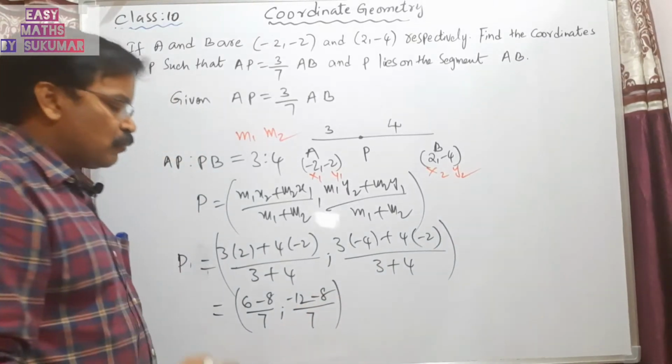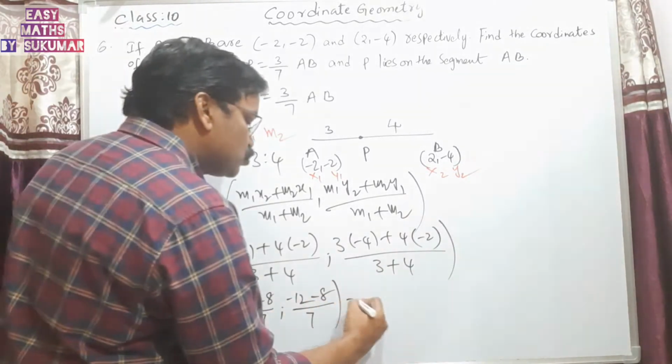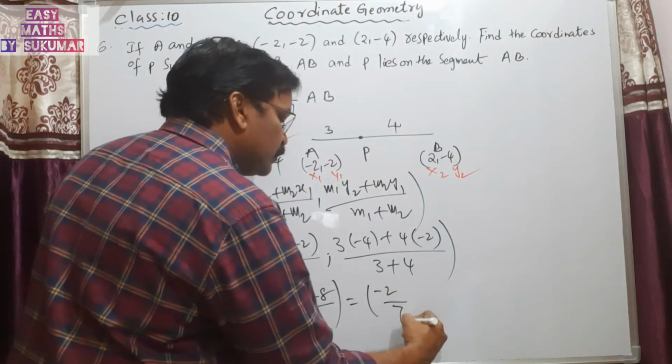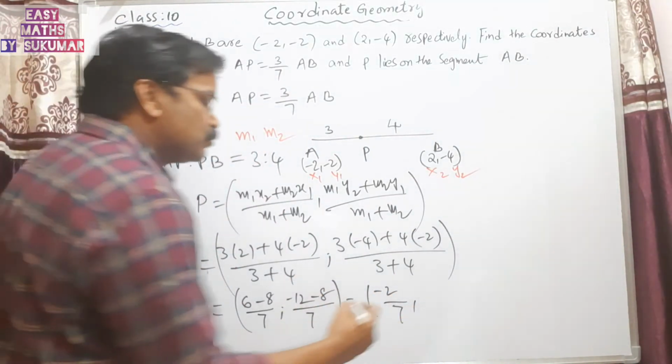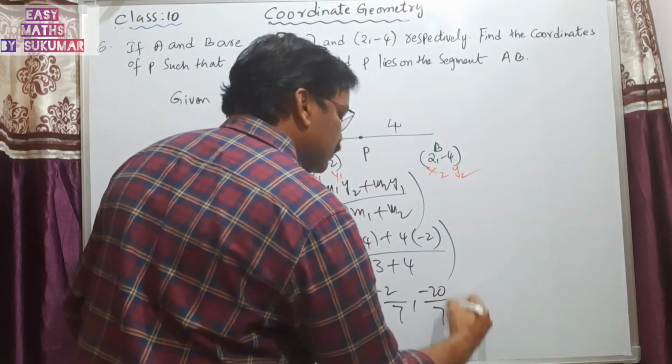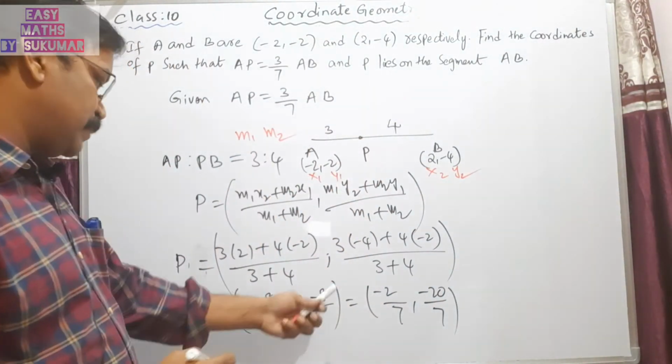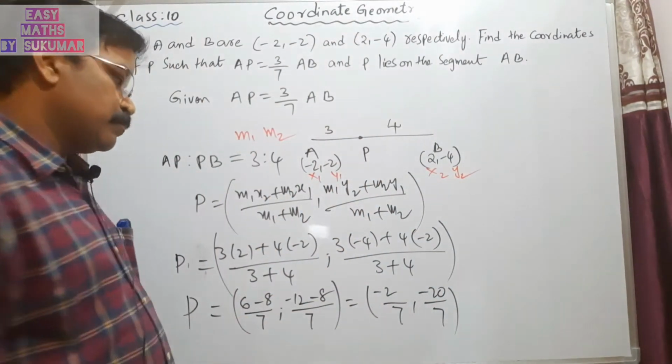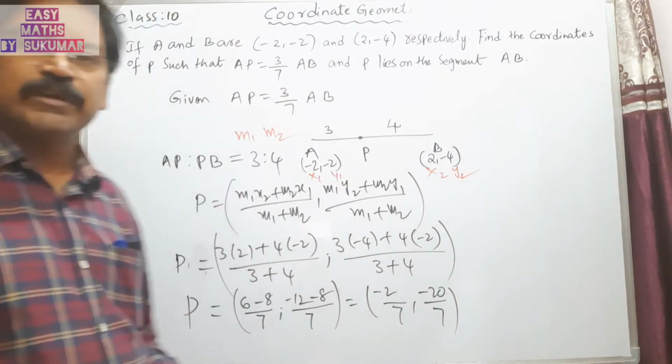What is 6 minus 8? That is minus 2 by 7, comma, minus 12 minus 8 is minus 20 by 7. Therefore the coordinates of P are minus 2 by 7 comma minus 20 by 7.